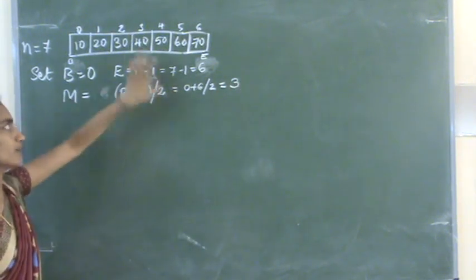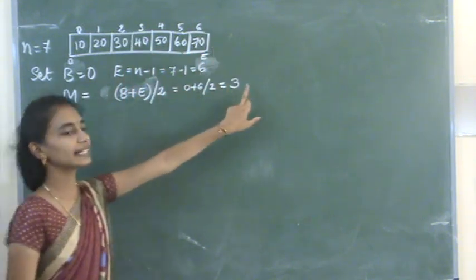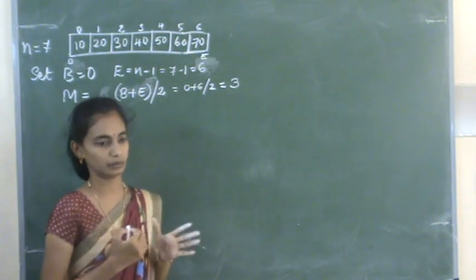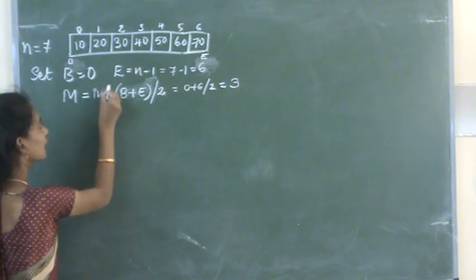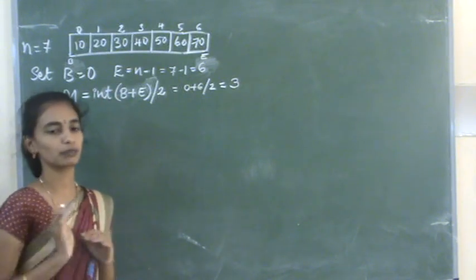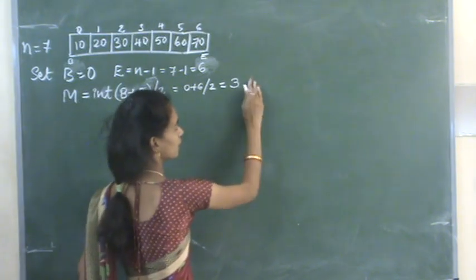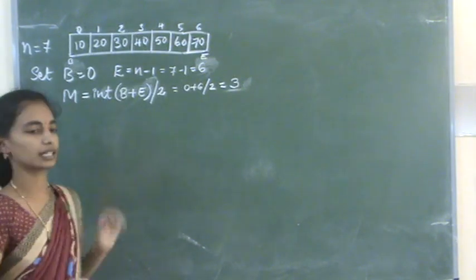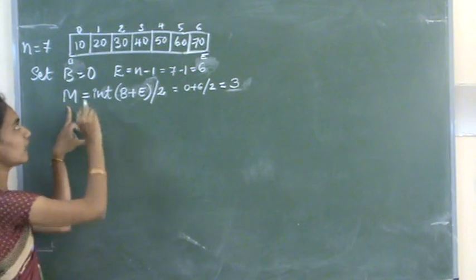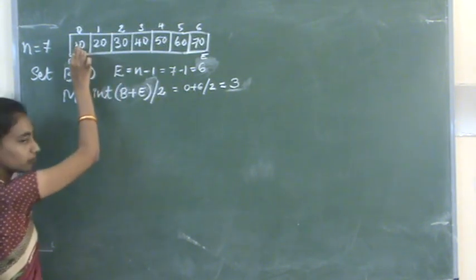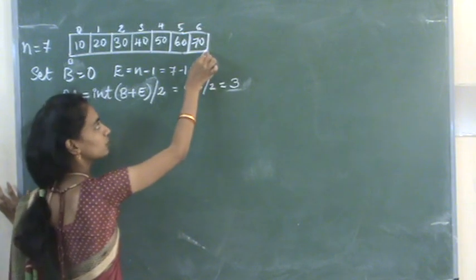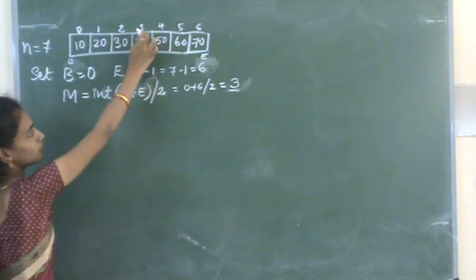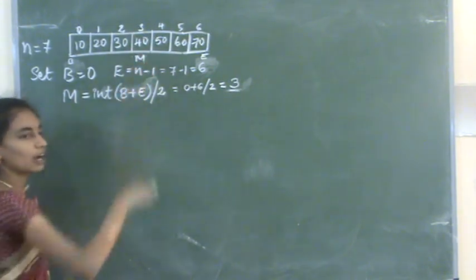If we have one more element, we will get 3 point something, so we have to take only the lower limit, which means it should always be an integer, not a floating point number. So if you get 3.5, you take only 3 as the middle index. So how will you find the middle of an array? By adding beginning and ending and dividing by 2. So we get the middle position as 3, and this index becomes the middle of the array.